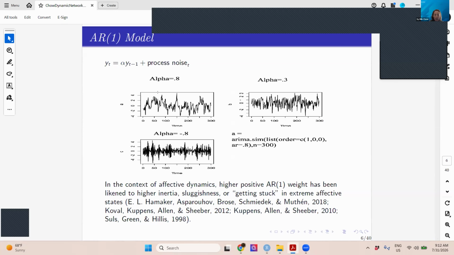This offers another view of the autoregressive process. By altering the alpha level, going from 0.8 to 0.3, for example, this shows that when you are pushed away from the set point of 0 in this example, it takes you longer to get back to it. In the affective literature, the alpha or autoregressive weight has sometimes been referred to as inertia, right?